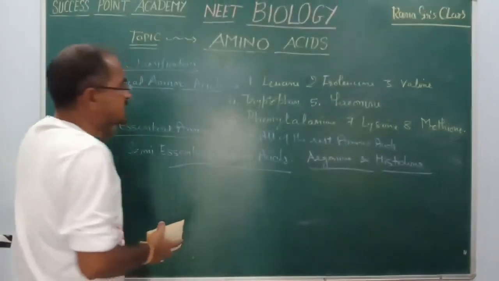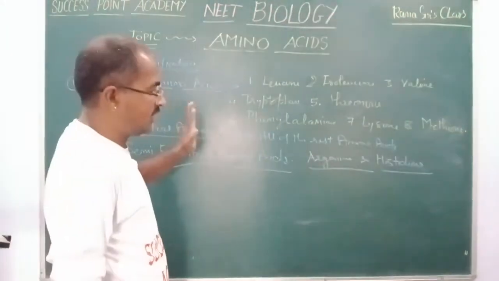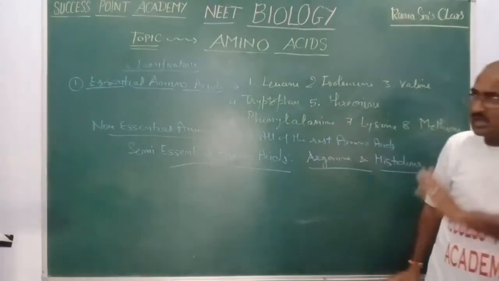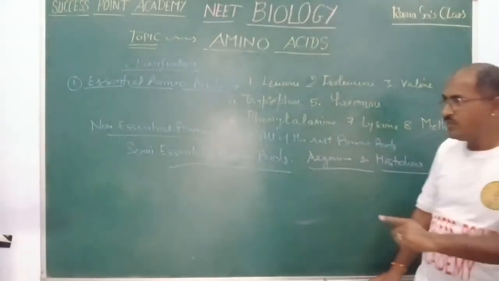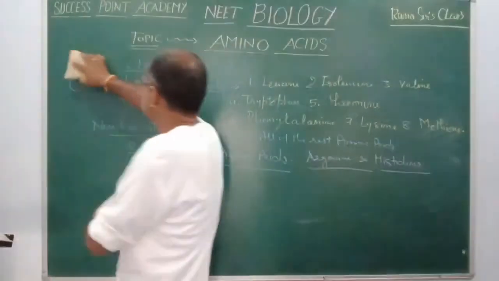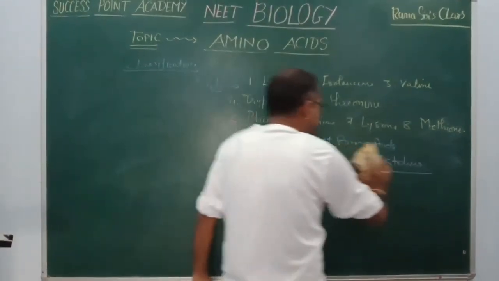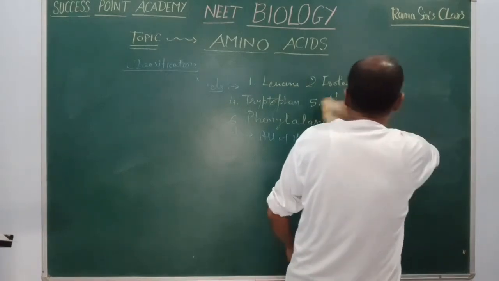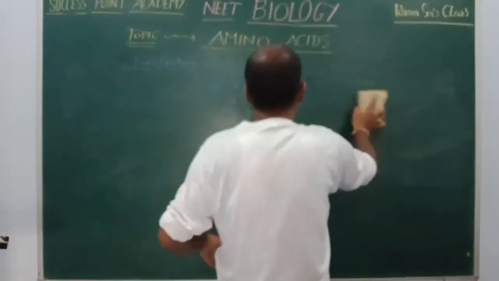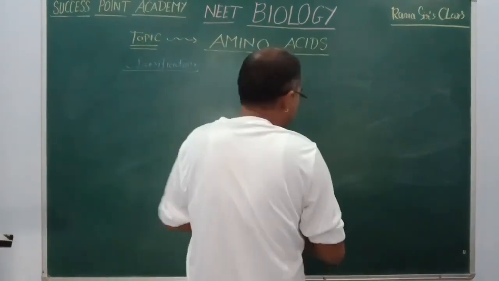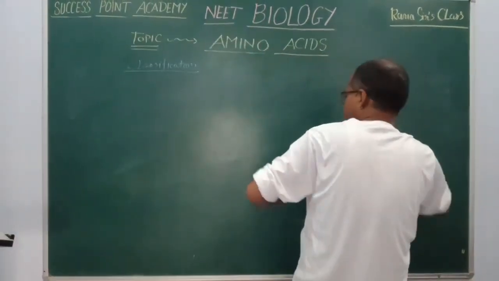Now, this was the general classification of amino acids. You can take that screenshot. This is general classification. Now we will discuss another type of classification of amino acids, which is based upon their structure and the reaction they show, because reaction will be according to their structure.